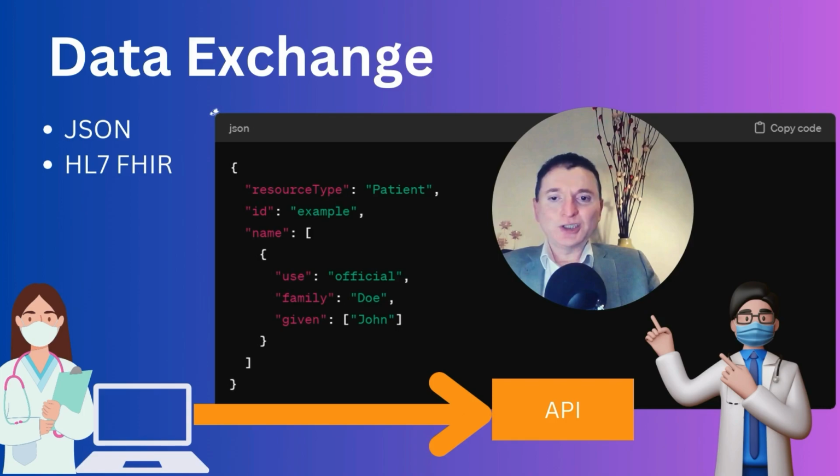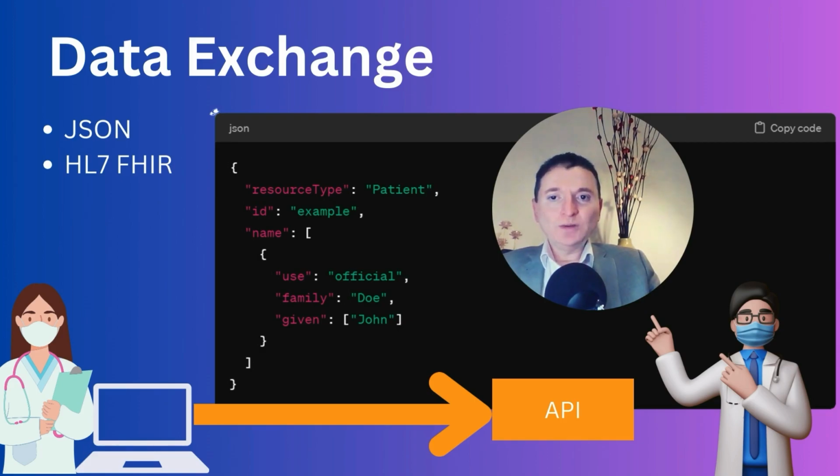This choice is due to JSON's user-friendliness and its ability to structure complex healthcare data in a clear, text-based format that is both easy to read and simple to understand.